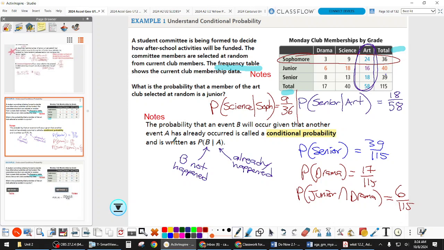How is that conditional? Let's just make sure that's super clear. Those last two problems that I just wrote at the top there. Why is that conditional probability? How is it different than the ones down below? Like, what is the condition that's changing our probability? Is my question.